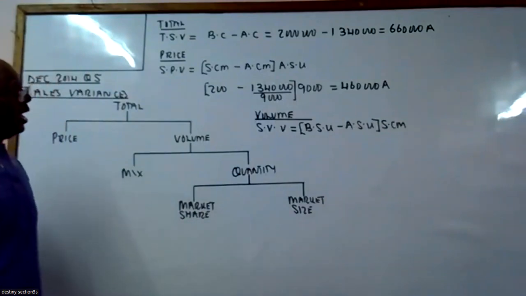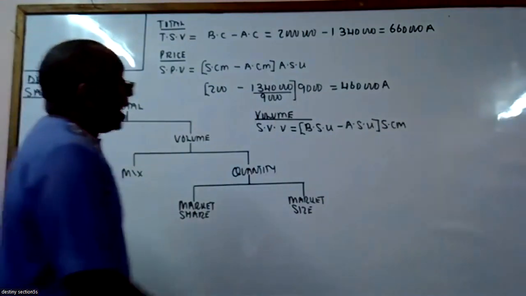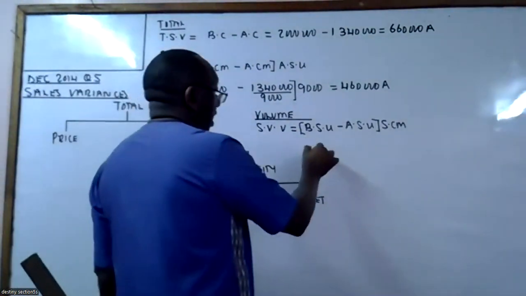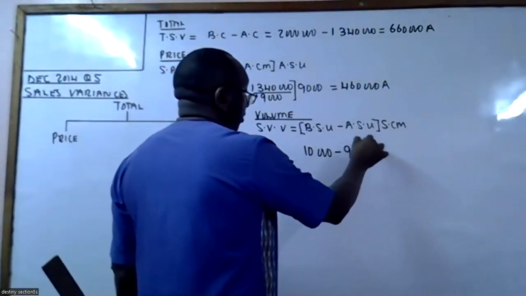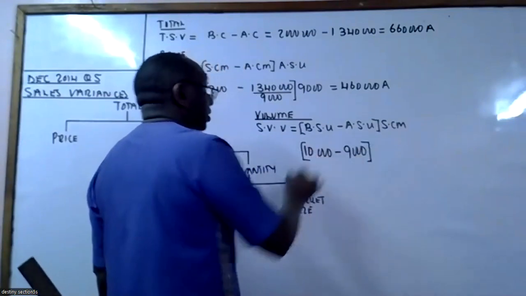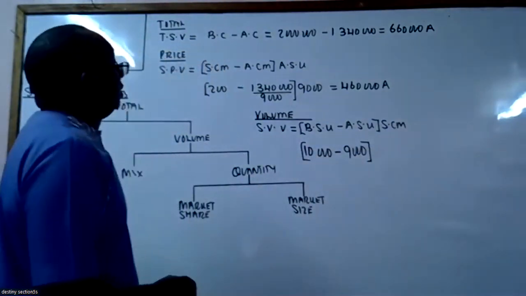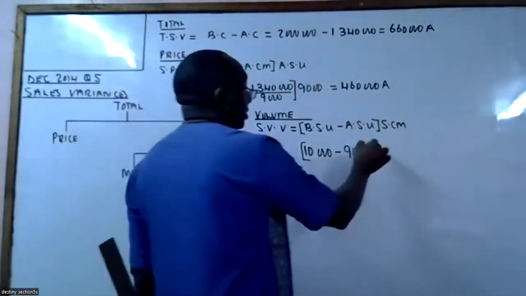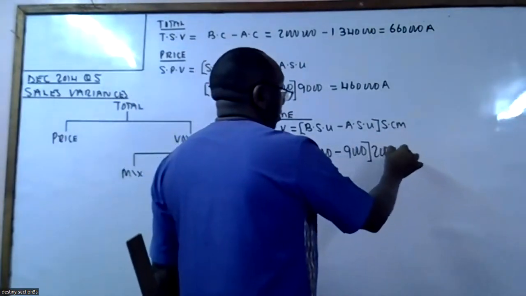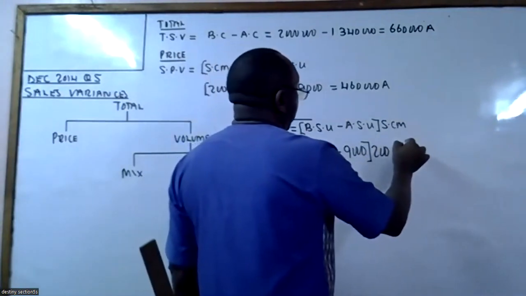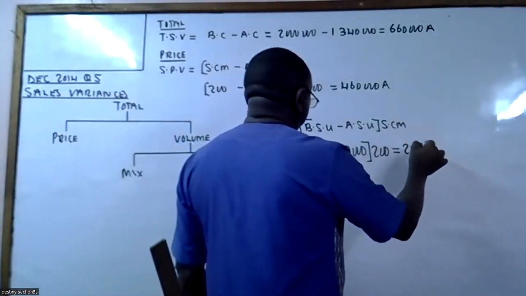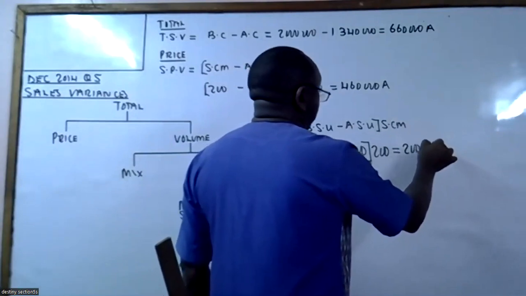So the budget was 10,000 and the actual was 9,000. Standard contribution margin is 200. And this gives us 200,000.